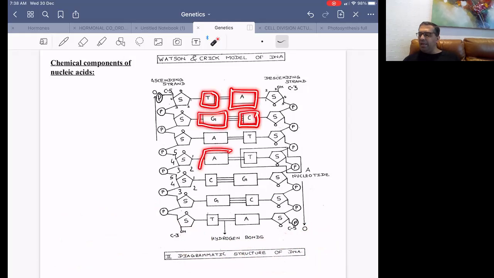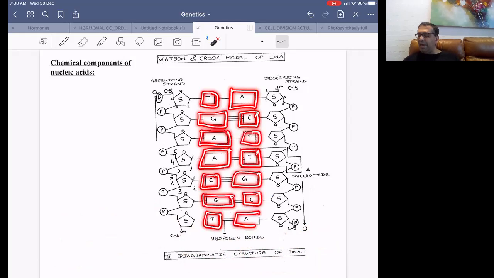If there is adenine here, there has to be thymine here. If there is cytosine here, there has to be guanine here.